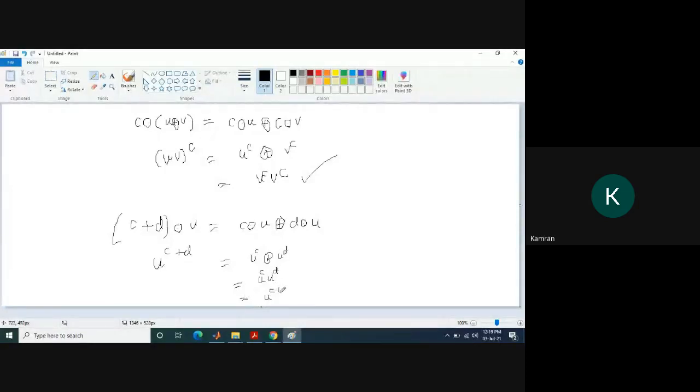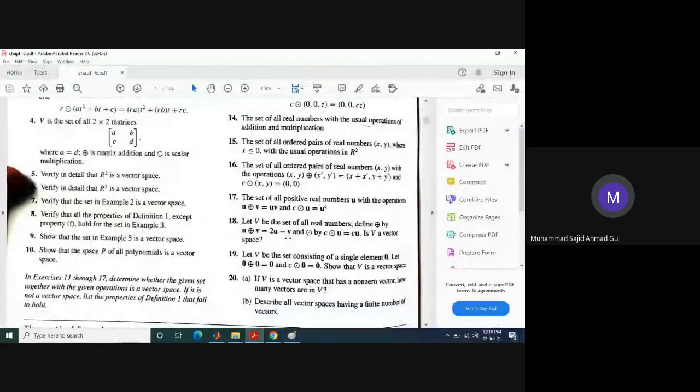So this property is also satisfied. Next, you can verify property G and also property H. So this means that question number 17 is a vector space. Question number 18 is not a vector space.